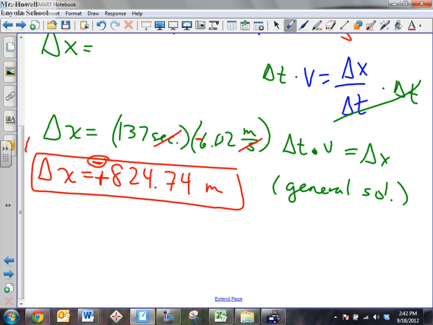So displacement being negative is like me going from here over to here. My distance traveled is only 3 feet, but my displacement is negative because I moved to the left. And just like yesterday we talked about, if I walk 5 feet this way, but then I come back another 8 feet, I've got a net 3 feet negative.